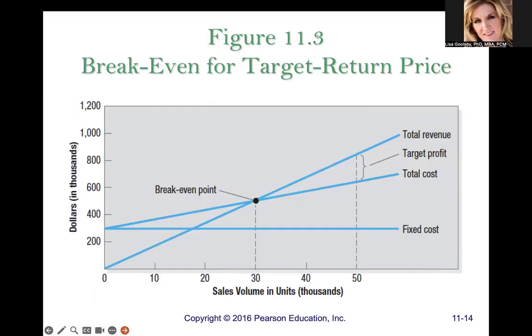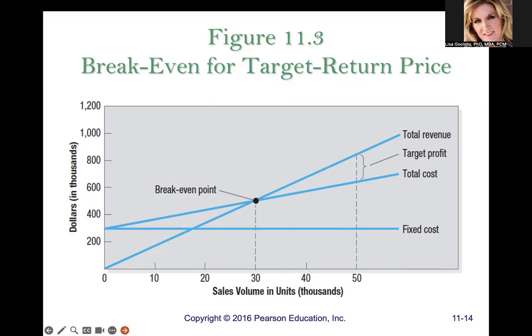When we look at pricing, we have to look at break even. If we're looking at that target return pricing, what is our break even point? On this chart that you see in this lecture, you've got the dollars and you've got sales volume. The break even would be if we sold 30 units. So you look at break even, you've got your fixed costs, your total costs, and total revenue.